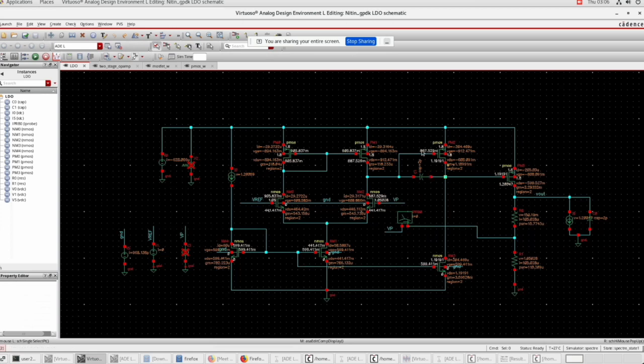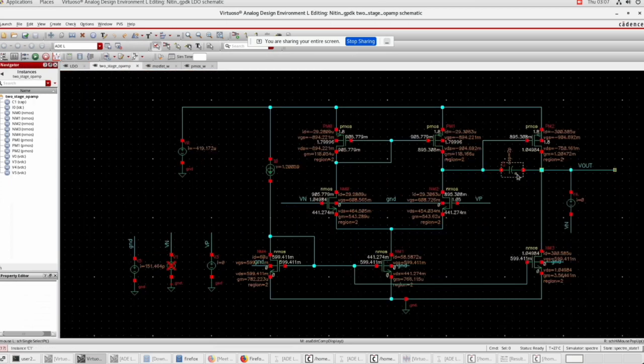And also regarding the Miller capacitance, the Miller capacitance ensures that the second pole of the system is outside of the gain bandwidth of the system. So it helps in pole splitting, which ensures that we get a proper phase margin.